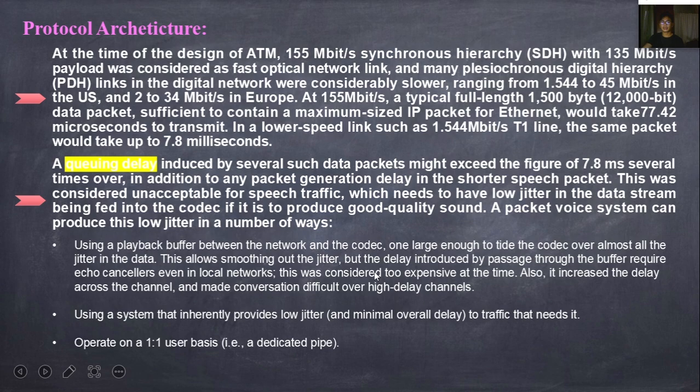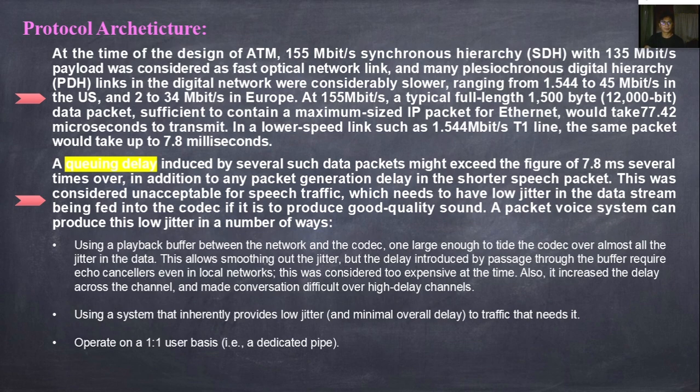But the delay introduced by passage through the buffer requires echo cancellers even in local networks, so this was considered too expensive at the time. Also, it increased the delay across the channel and made conversation difficult over high delay channels.